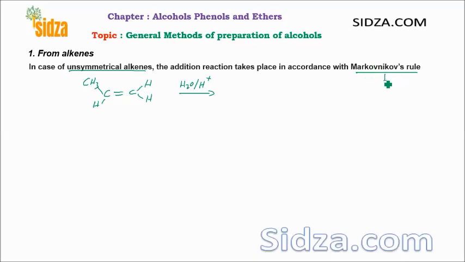According to Markovnikov's rule, the hydrogen will add to that double bonded carbon that has more hydrogen atoms. If you look at this particular carbon, it has 2 hydrogen atoms, and the other one is attached to 1 methyl only. Correct?